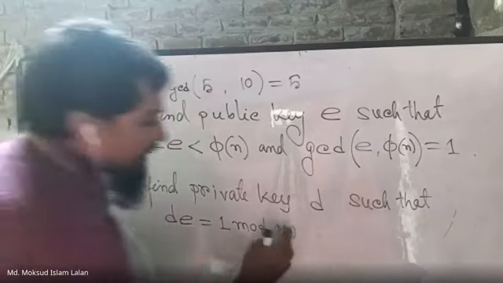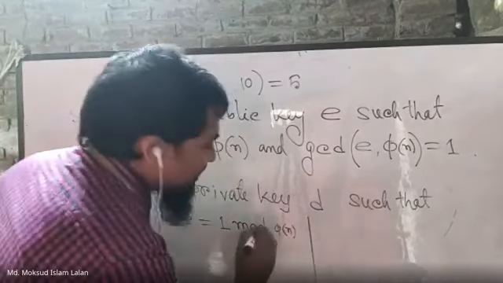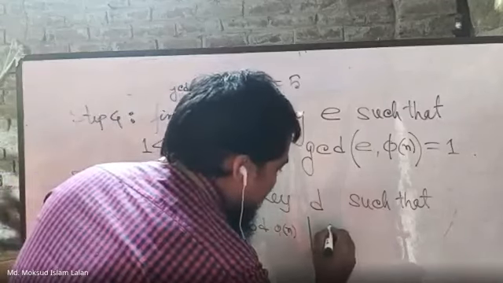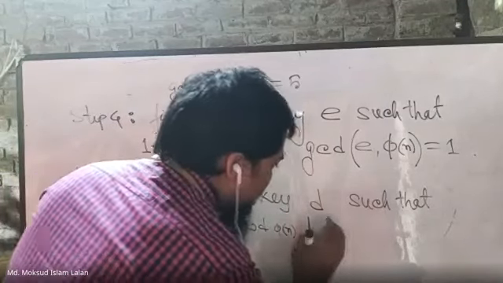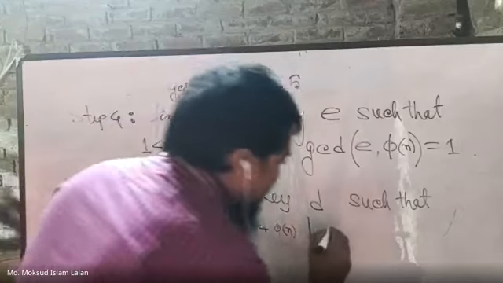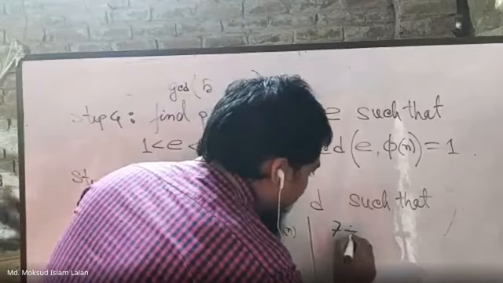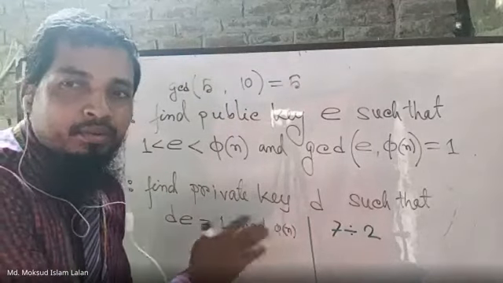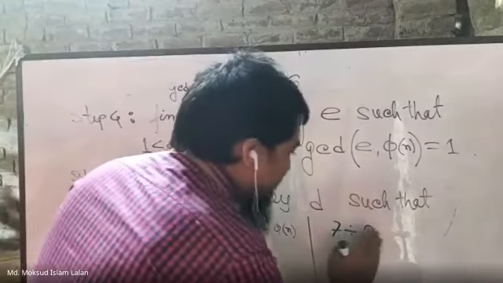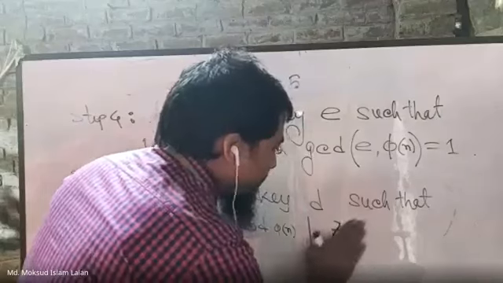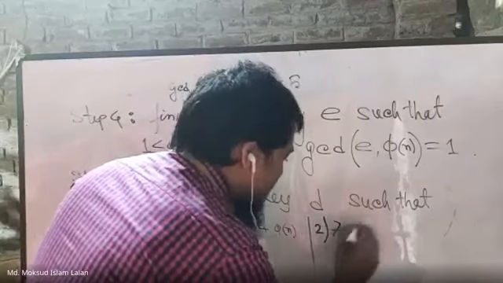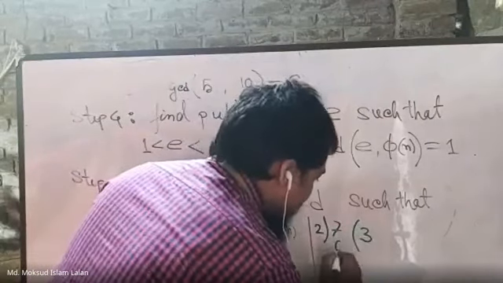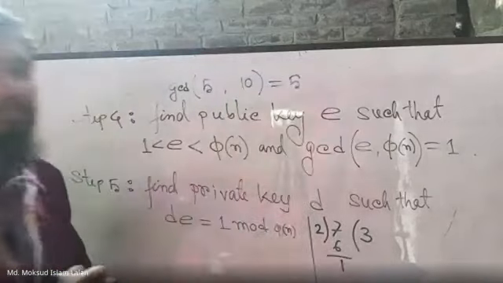Like 7 divide 2, just an example, okay? Manually, as in childhood, we did it like this: 3, 6, 1, right?